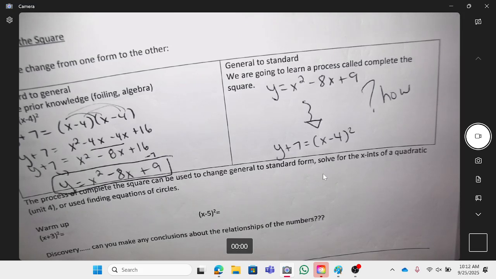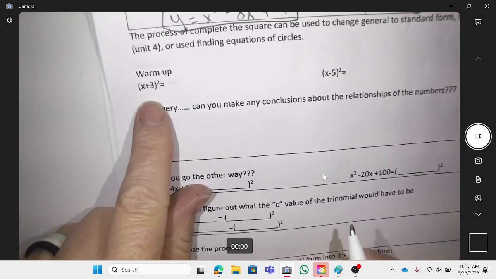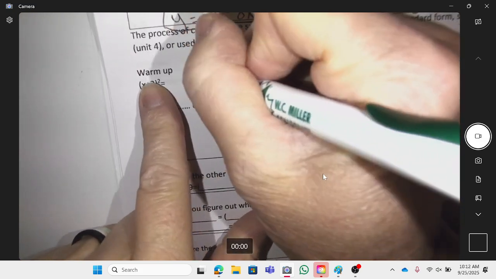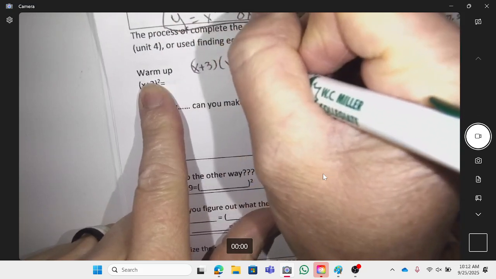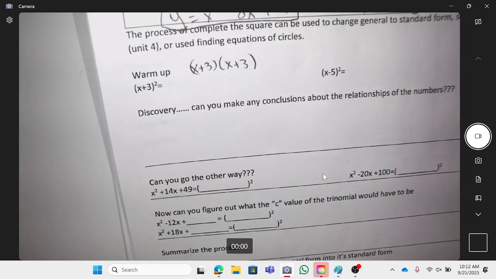Okay, so I'm going to make you go through a warm-up. Through our warm-up, we're going to have to discover how to do this. So here's your warm-up. Can you figure out this? In other words, FOIL it. FOIL it and collect.